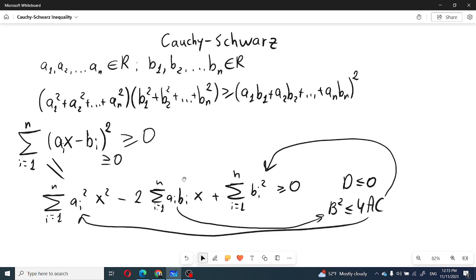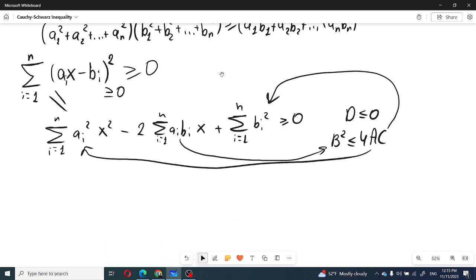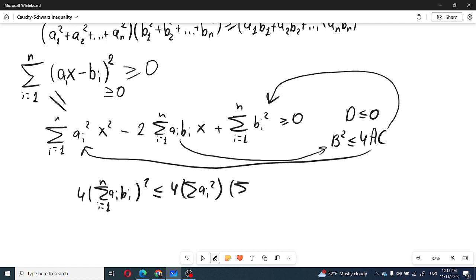So now let's write what we will get. 4 times this sum squared, the sum of ai times bi, i equals from 1 to n, is less than or equal to 4 times the sum of the ai squares times the sum of the bi squares, i equals from 1 to n.